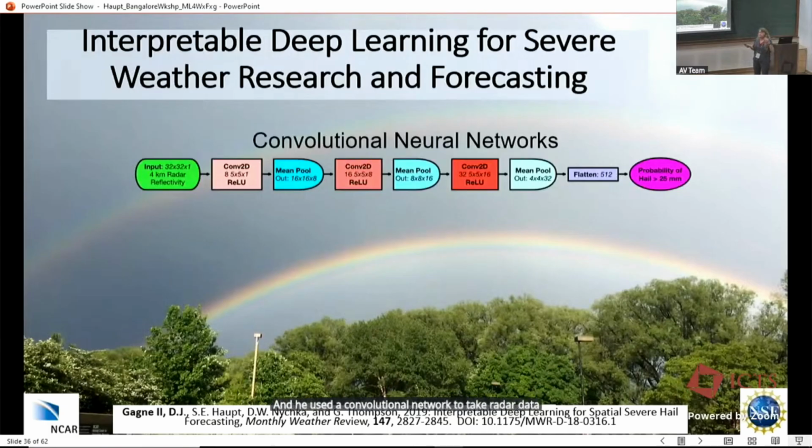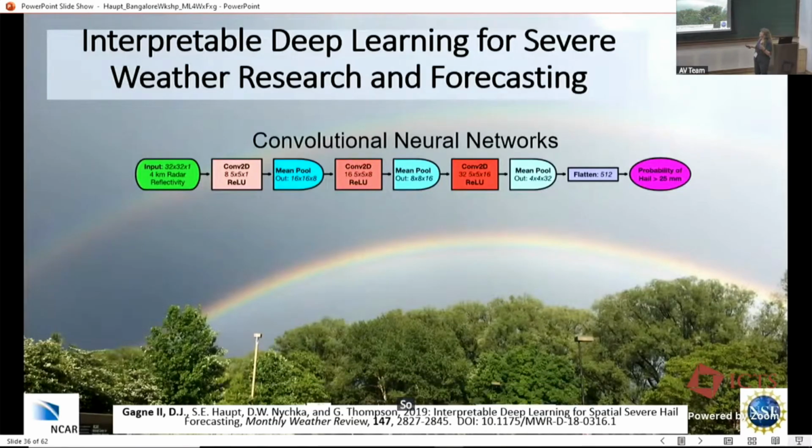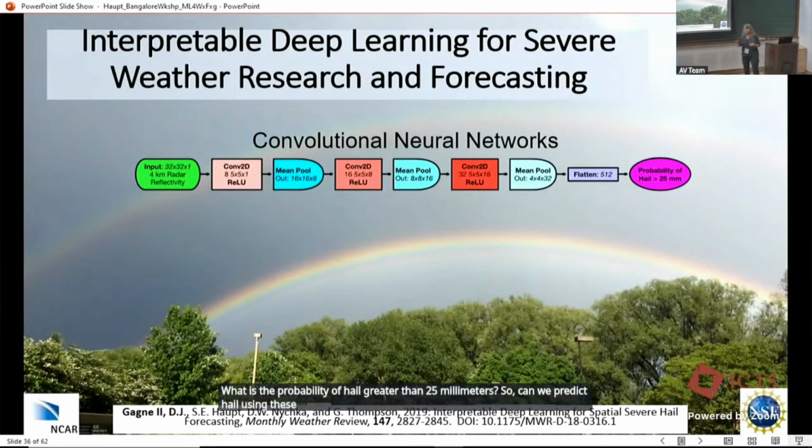It was actually forecast, it was from a high-resolution WRF simulation that was being run during the Spring Severe Storm Experiment that happens at the National Severe Storms Lab every year that's based at University of Oklahoma. So he took data from that, built a convolutional network where the target is, what is the probability of hail greater than 25 millimeters?